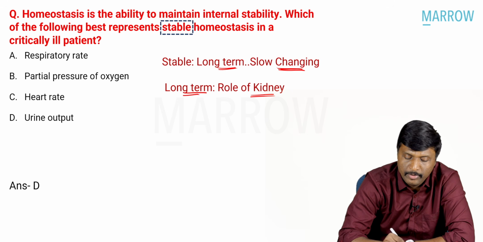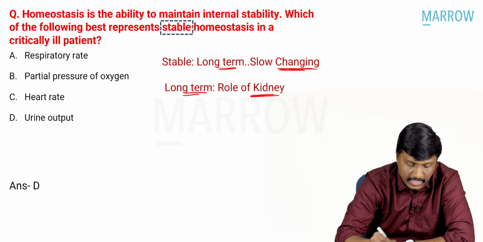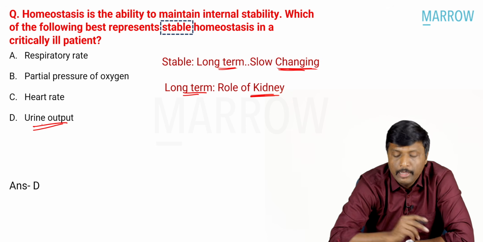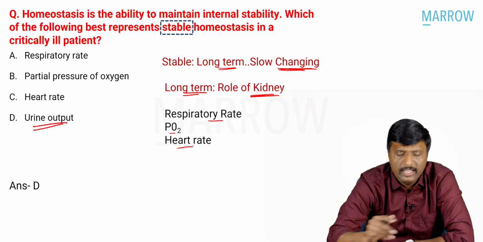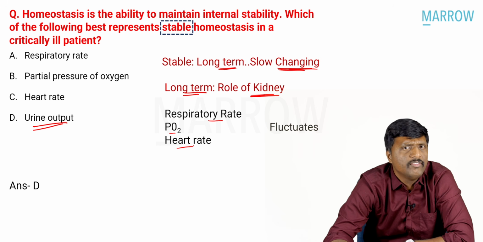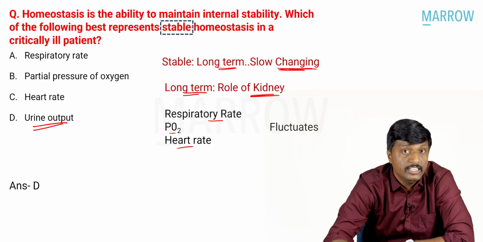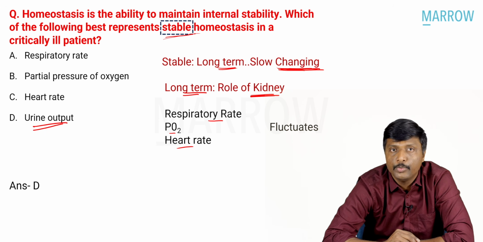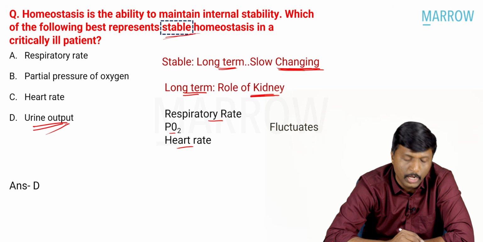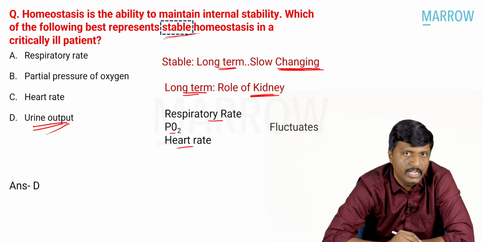So, long term role of kidney, slow changing, that is why urine output. What about other parameters, sir? Respiratory rate, PO2, heart rate, they are widely fluctuating ones. They are fluctuating variables, but here we are interested in the slow changing one. So, slow changing, stable always points towards role of kidneys, urine output.